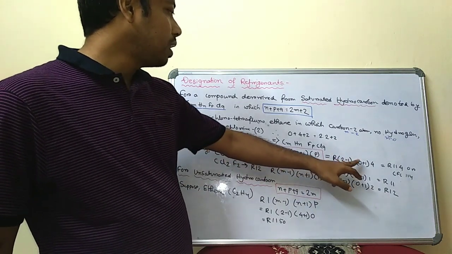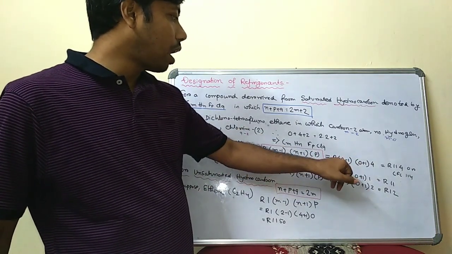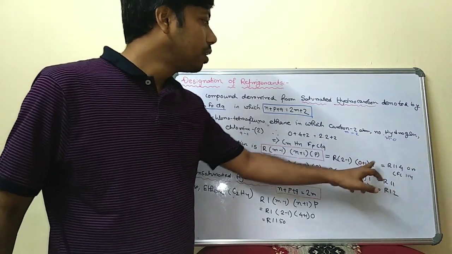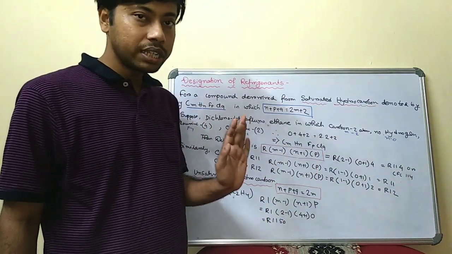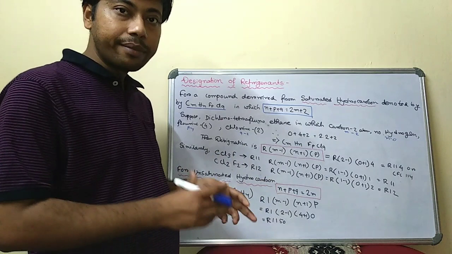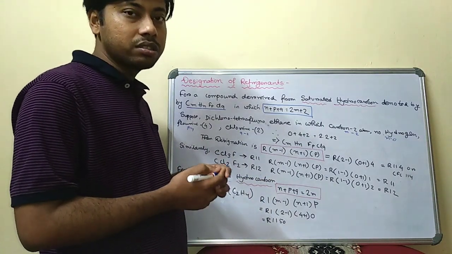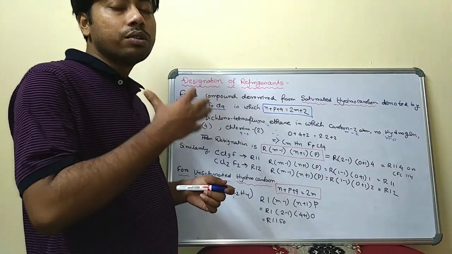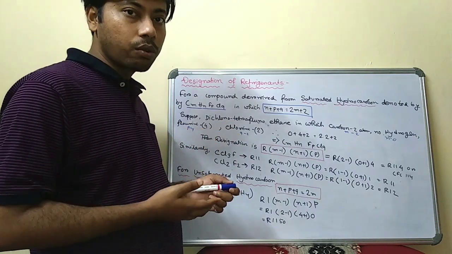So 2 minus 1 is 1, 0 plus 1 is 1, and p is 4. That will be R114. It is also sometimes called CFC 114, because the refrigerant is constituted with carbon, fluorine and chlorine.